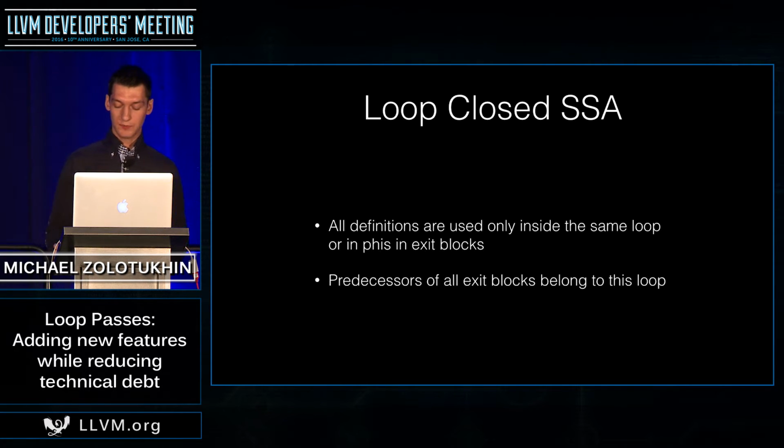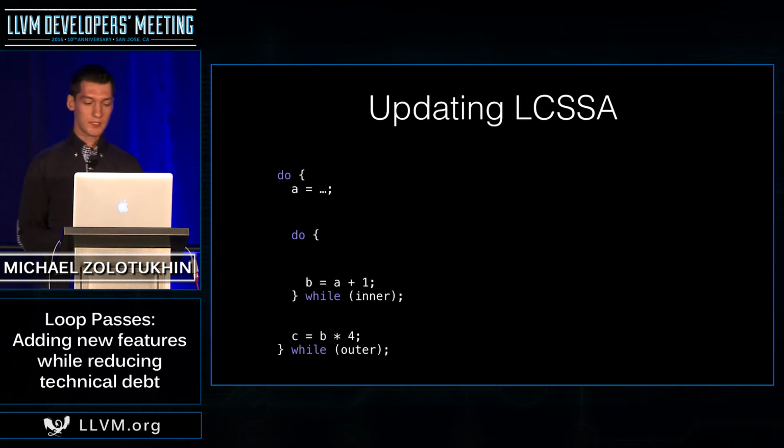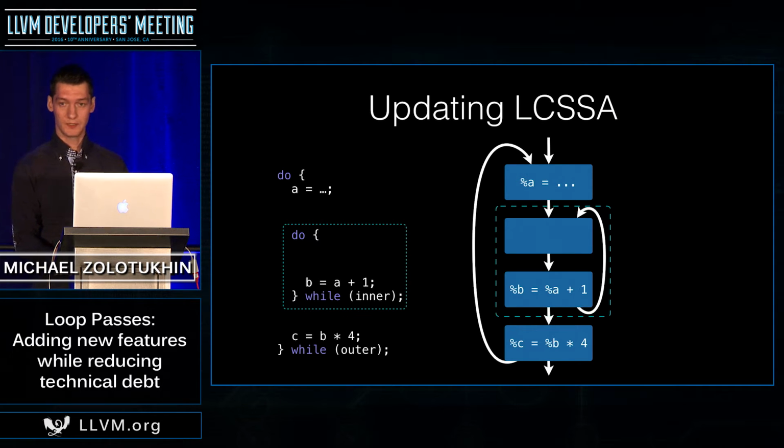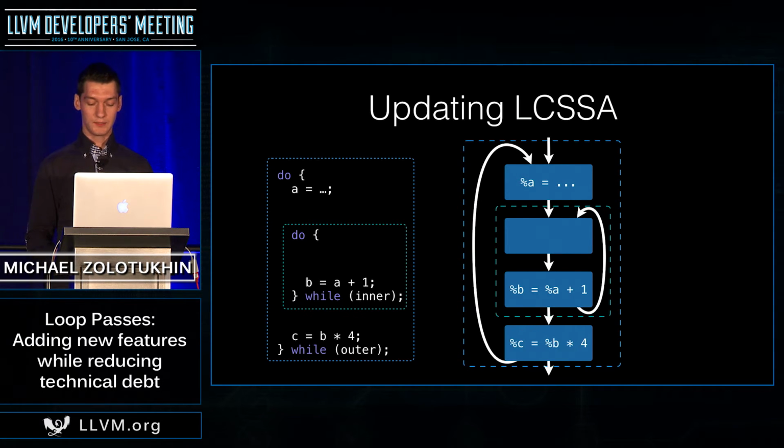So let's see what happens with LCSSA when we unroll a loop. Let's go through a couple of examples. So this is the first one, and here we have two loops, and the control flow graph for them will look like this. We have an inner loop with two middle blocks and an outer loop containing all the blocks. And now there is a question, is this in LCSSA form right now?